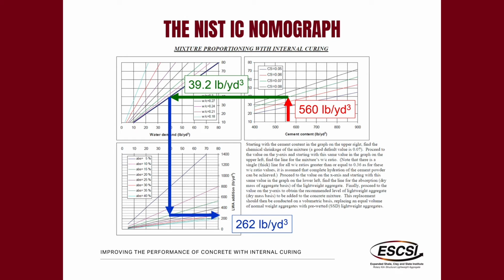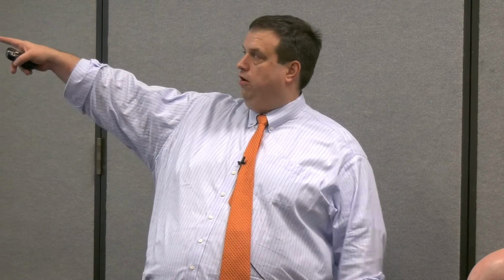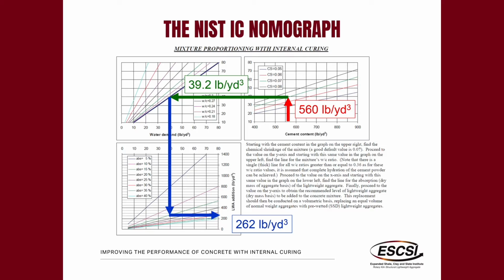The green line is 15% absorption. So if you're trying to do quick calculations, once you've done it once or twice, this takes you about 30 seconds with a ruler. I start off with my cement, I go up to my chemical shrinkage, I come across to the water to cement ratio I'm using, drop down, and I know the amount of lightweight aggregate that I have in the overall system.